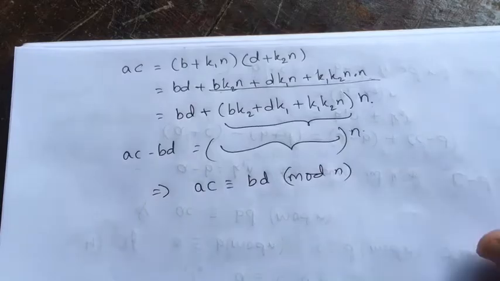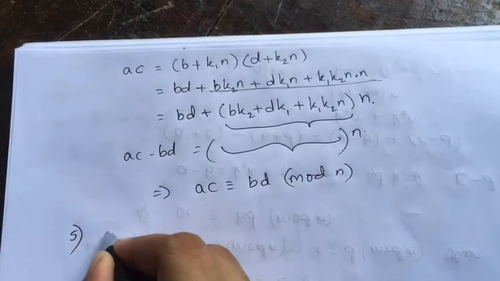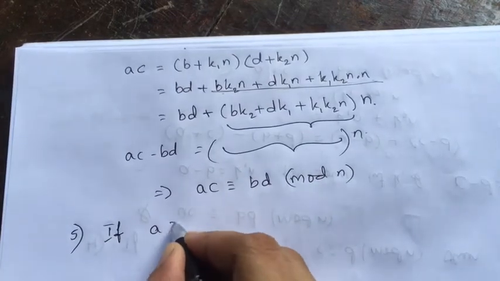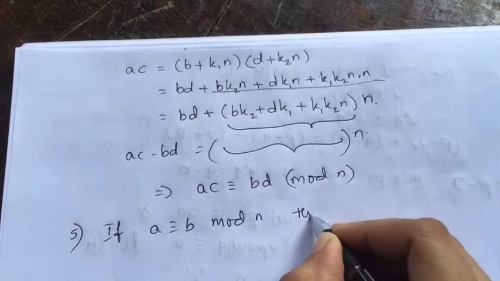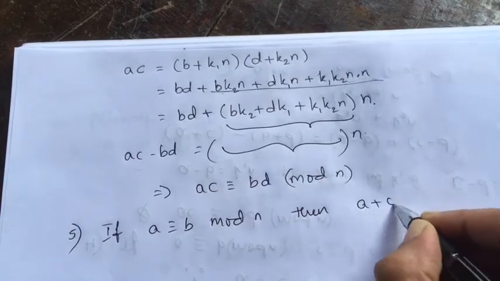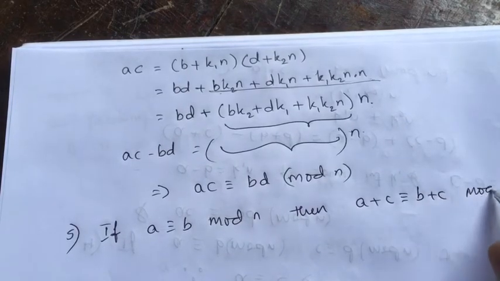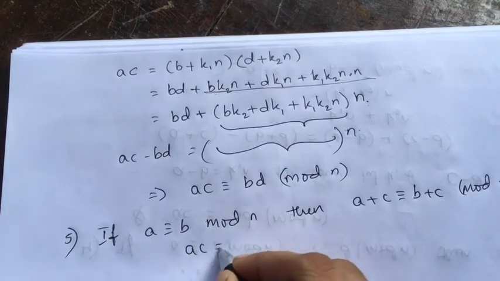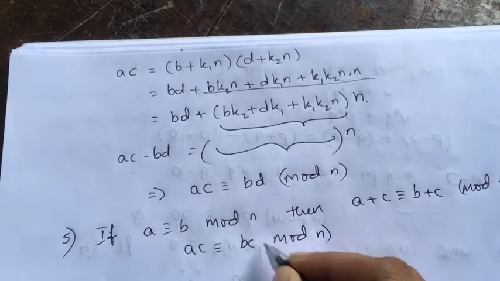And the fifth property says if A is congruent to B mod n, then A plus C is congruent to B plus C mod n, and AC is congruent to BC mod n.